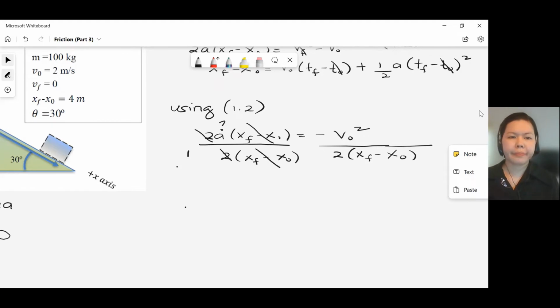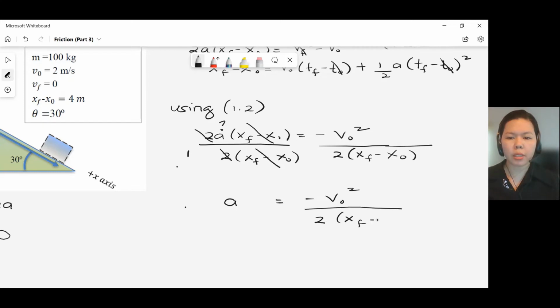We have a on the left, so a equals negative V naught squared over 2 times xf minus x naught. Substituting the given, negative 2 meters per second squared all over 2 times 4 meters.